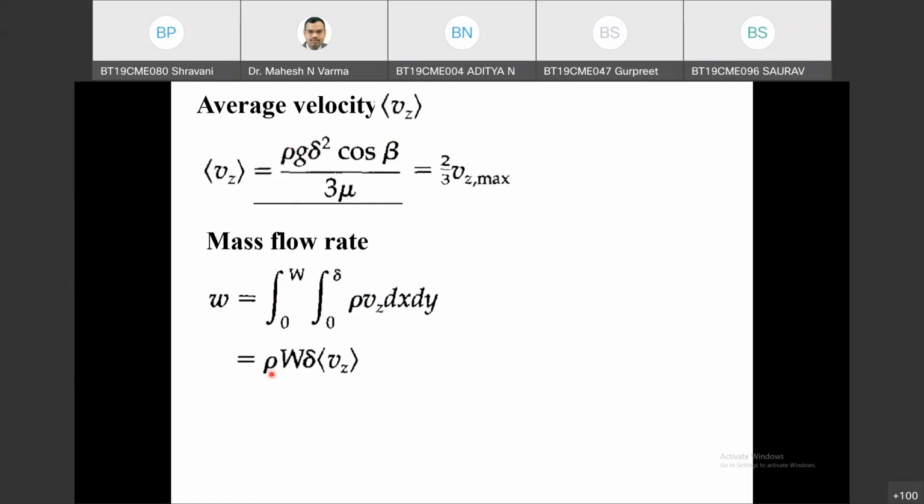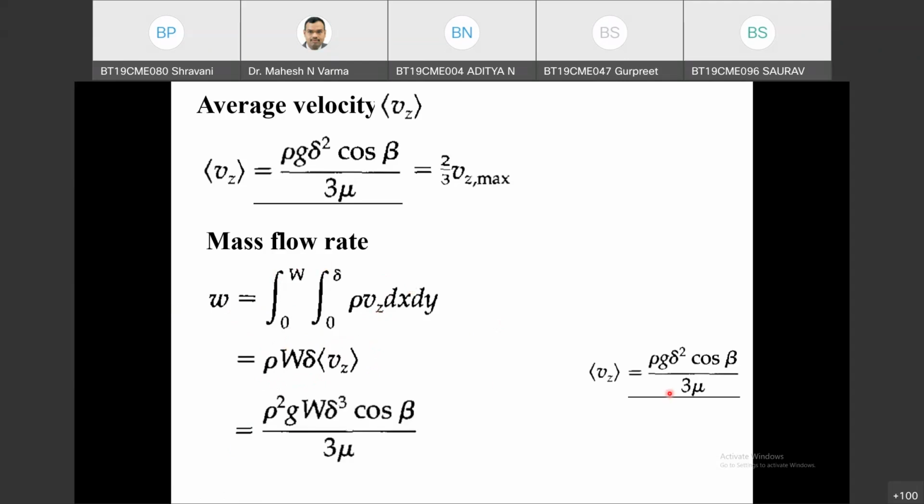This is density multiplied by cross-sectional area multiplied by average velocity. This is what is done here actually. Substituting the average velocity, rho square G W delta cube cos beta divided by 3 mu will give me the mass flow rate of the liquid film flowing over a flat plate. Everybody got this equation?